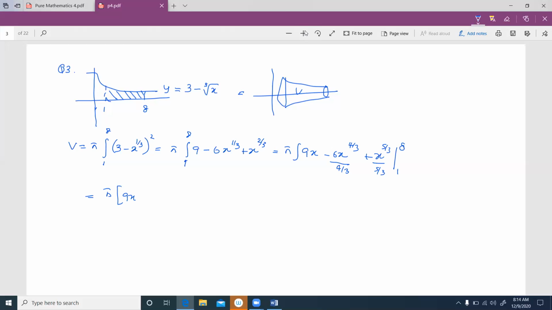Here, numerator, denominator, this 3 goes up. 3 into 6 is 18. 18 divided by 4 is 9 over 2. Minus 9 over 2 x to the power 4 over 3. Here also 3 goes up. Let's turn up to 3x to the power 5 over 3 over 5. So you have to put the limits 1 to 8. After that, you can substitute it. You do the substitution step. I'm just giving this answer, but you need to show how it comes.